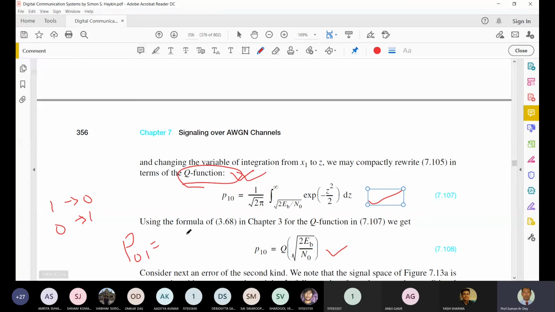Both 0 and 1 in the binary sequence have the same probability, it is half. So this P10 is the same as that value. Okay. Yes or no?